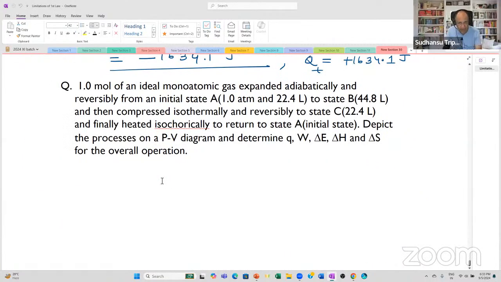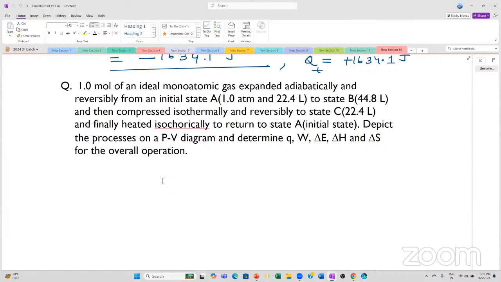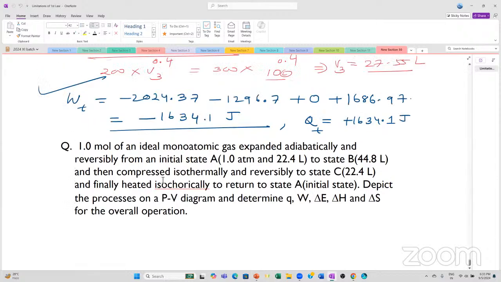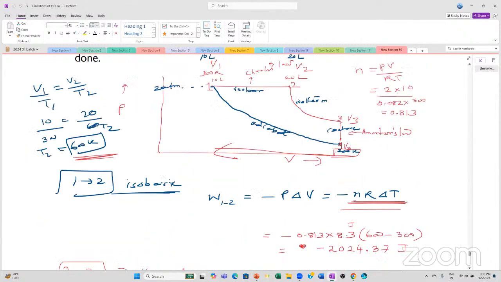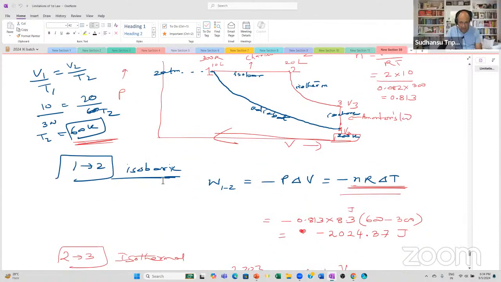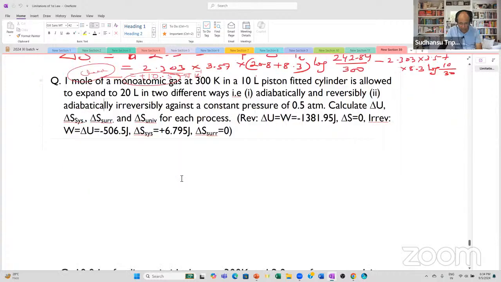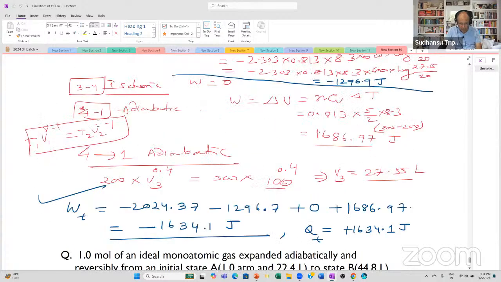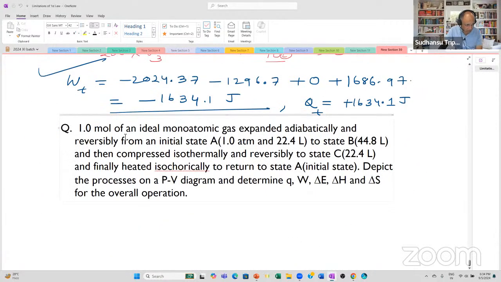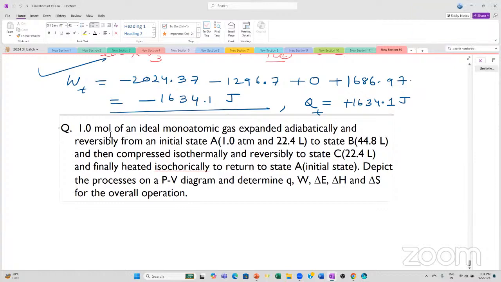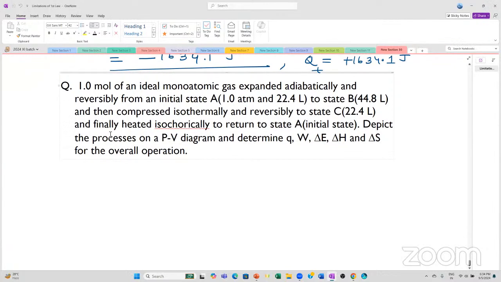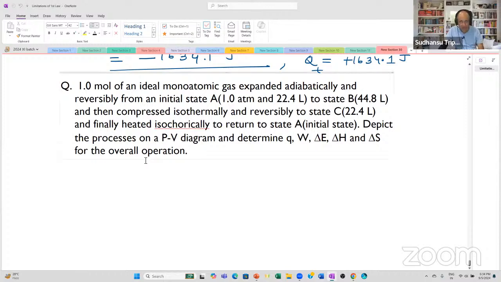This problem I have given to you, right? Yes, sir. You are supposed to do these two problems. Have you forgotten, Mr. Rudra? Sir, not these two. Sir, you have given a different one.